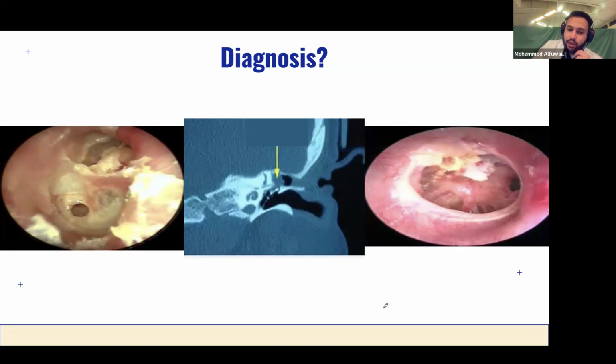Now, this cause of conductive hearing loss is usually due to repeated infections, and it's characterized as keratinized tissue, skin, located at the apex of the ear canal.